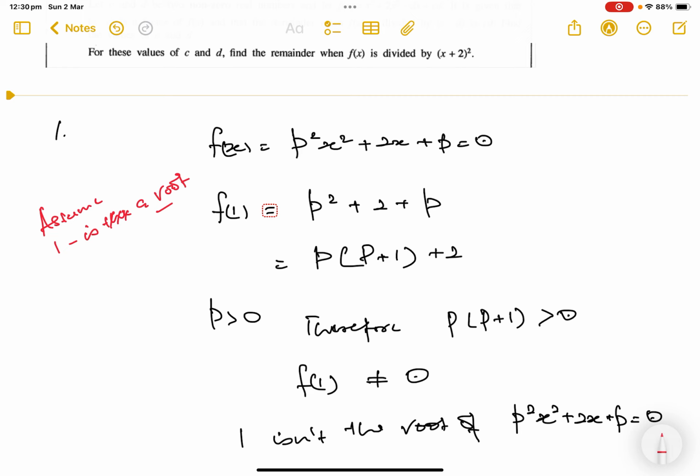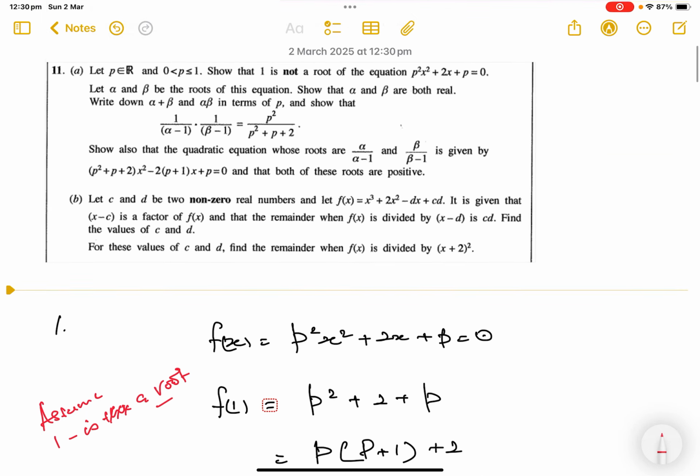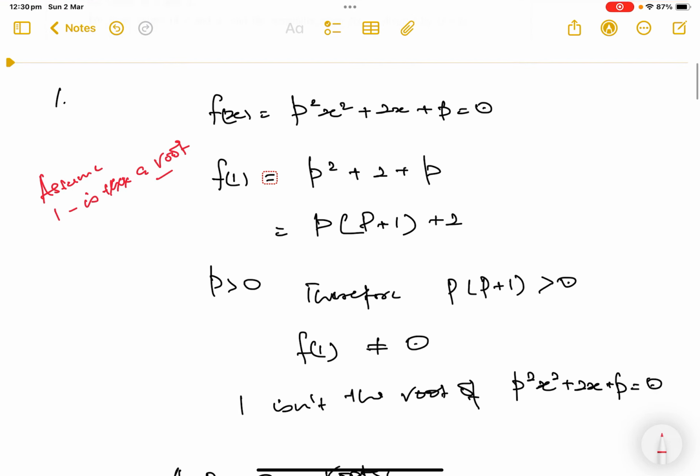So f of 1 equals, substituting 1 for x, p squared plus 2 plus p. Rearranging, I take p out: p times p plus 1, plus 2. We have been given that p is greater than 0.